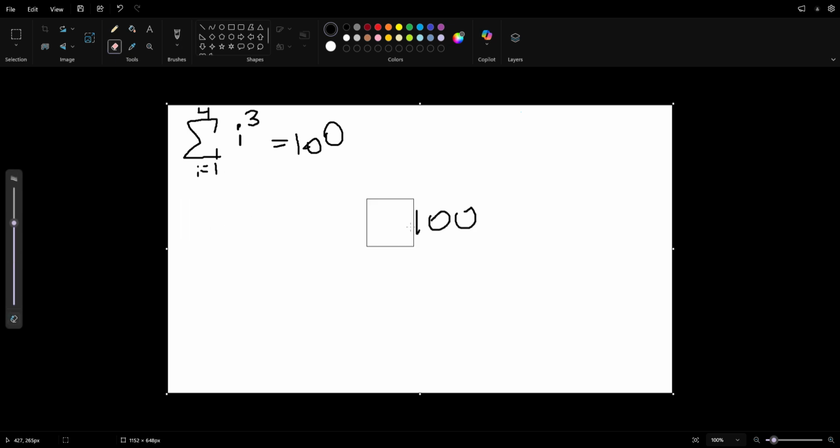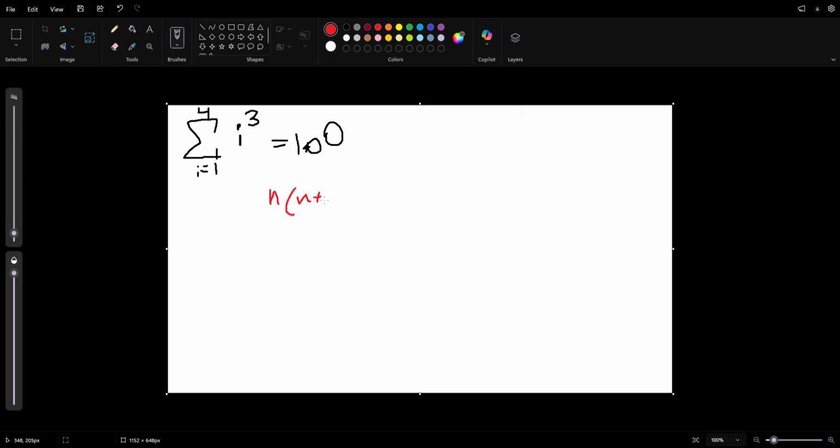Now, let's get to the shortcut. Alright, now, let us see what the formula is. So, originally, the old formula for just i is n times n plus 1 over 2. This is for i, not for i cubed, alright? Now, let's make a new one for i cubed.